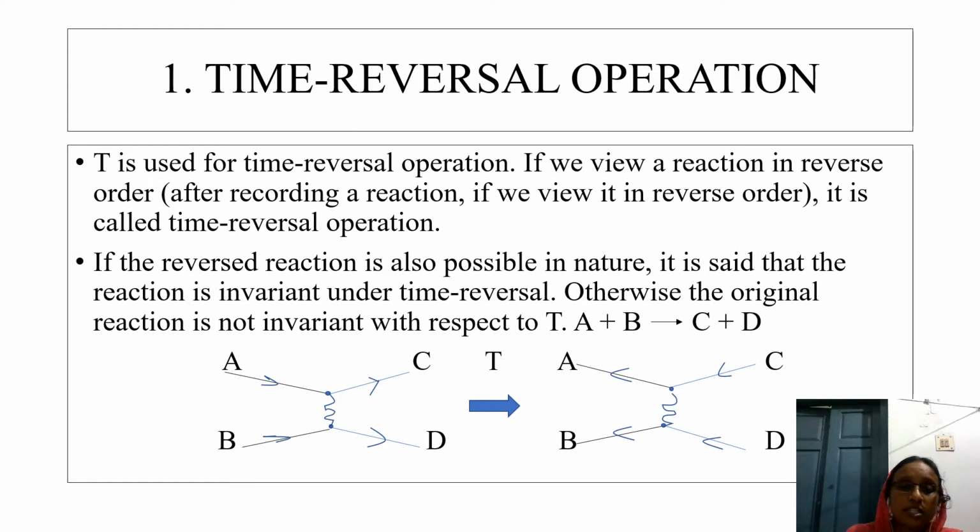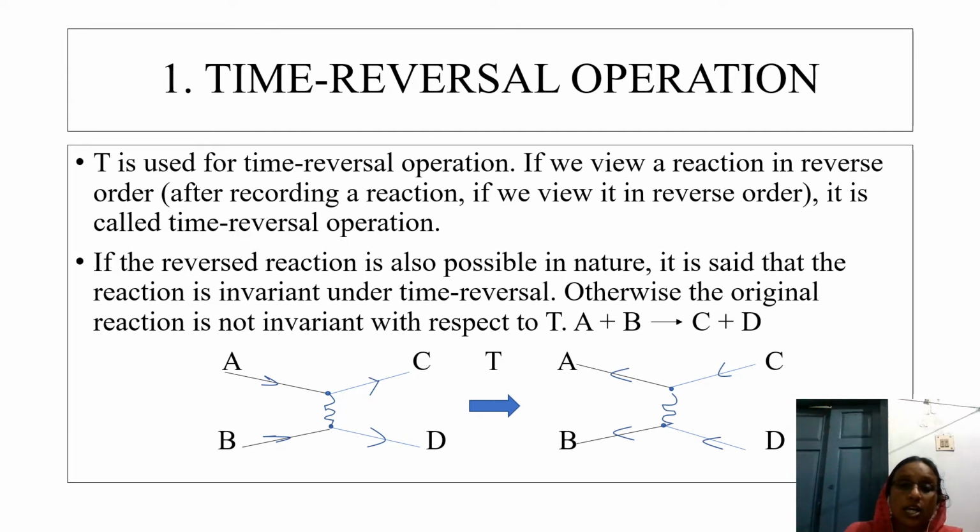Now, if there is an interaction in nature just like this, we can say that this interaction is invariant under the time reversal operation. So time reversal invariance means that after the time reversal operation, the reaction we obtain should be a possible reaction in nature.